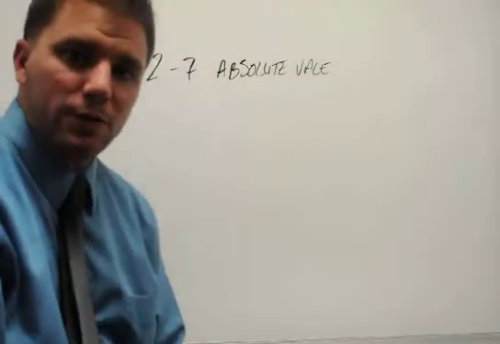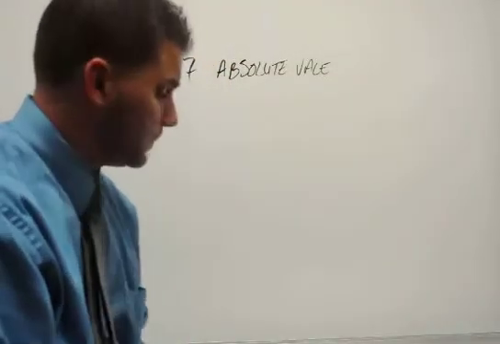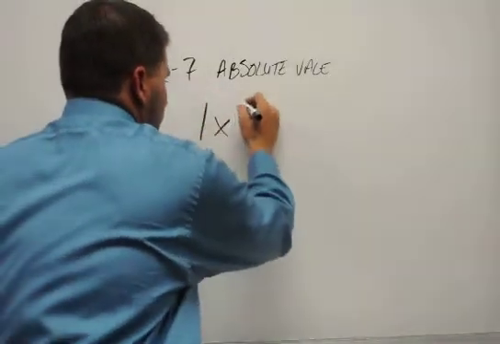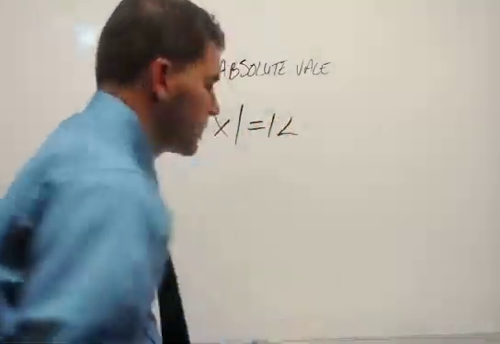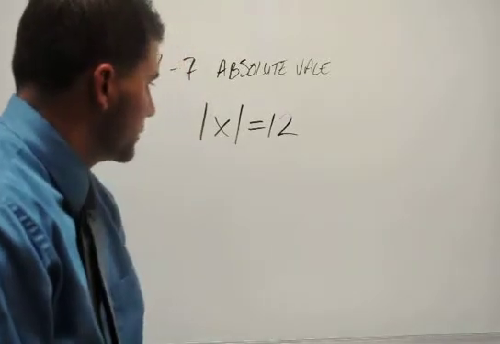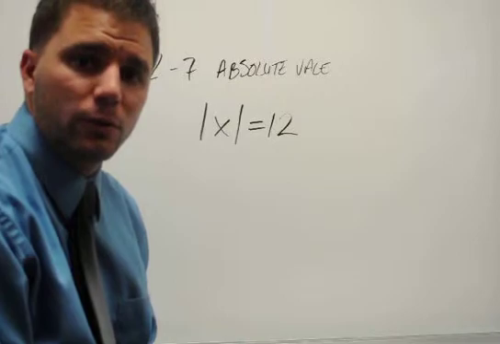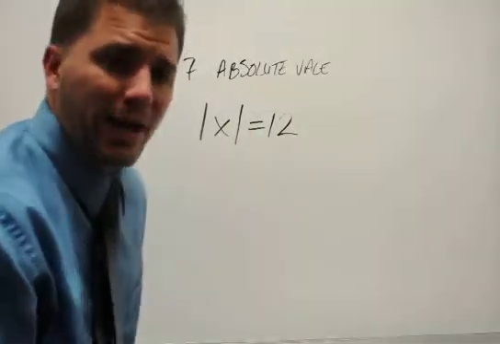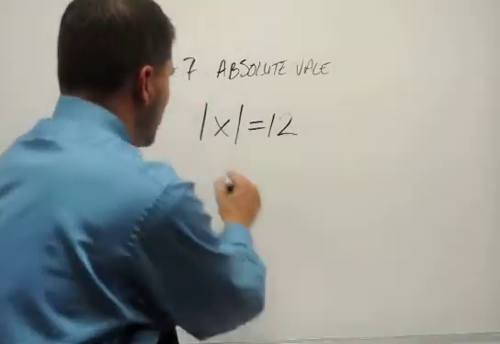In algebra, we use absolute value equations quite a bit. So to give practice with it, we insert a variable. We need to find two numbers whose absolute value will be 12. So what we know is that our answer has to end up being 12.